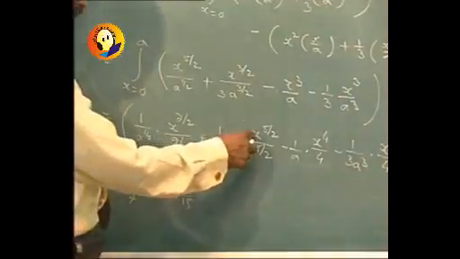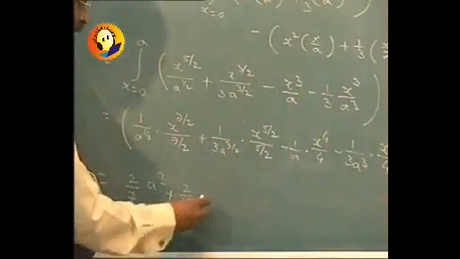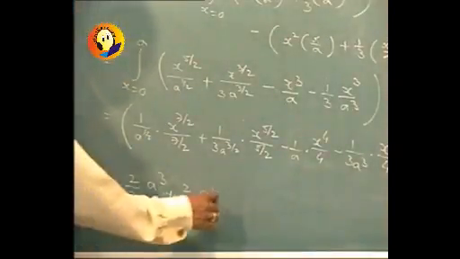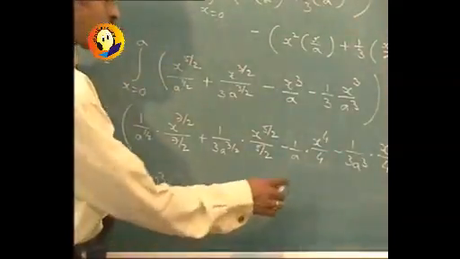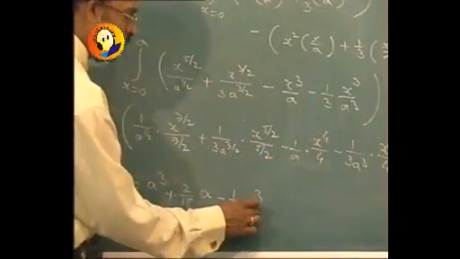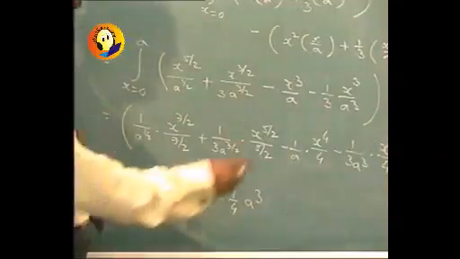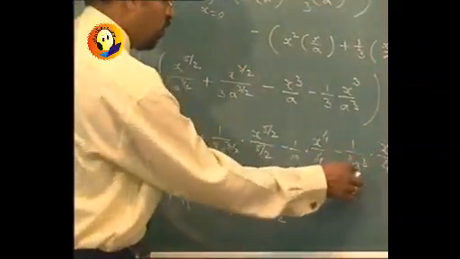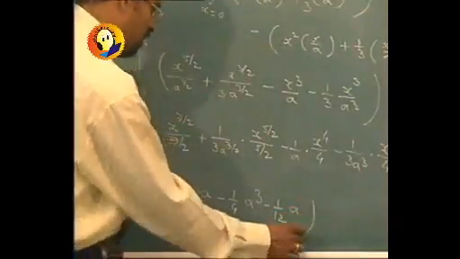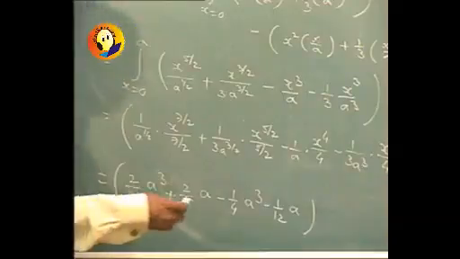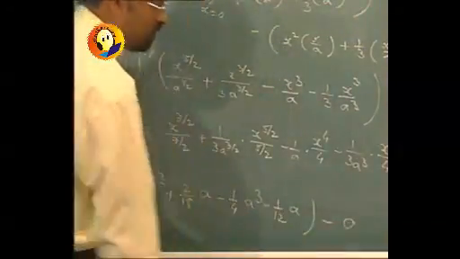It will be a raised to 5 by 2 upon a raised to 3 by 2, that is simply a, minus 1 by 4. It will be a raised to 4 upon a, that is a cube, and in the last case it is minus 1 by 12, a raised to 4 upon a cube, that is a. So these are the values at upper limit. Minus at lower limit, all the values are straight away 0.